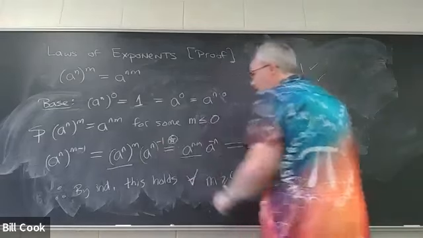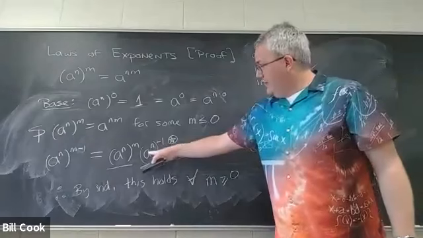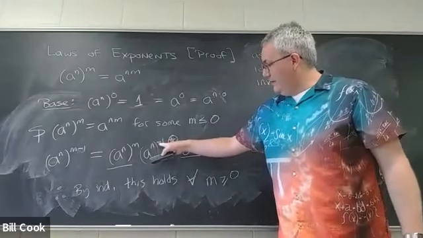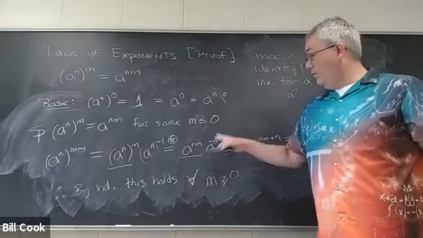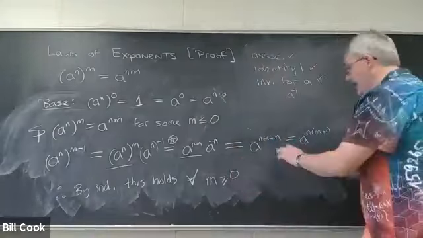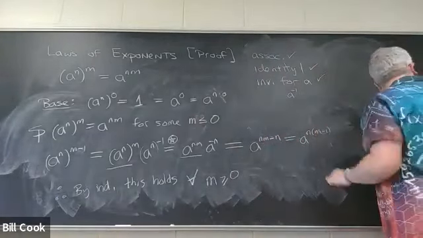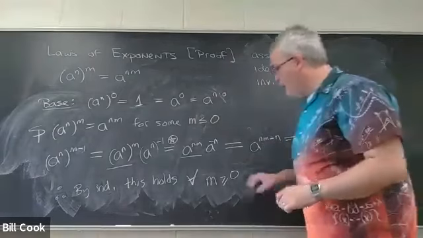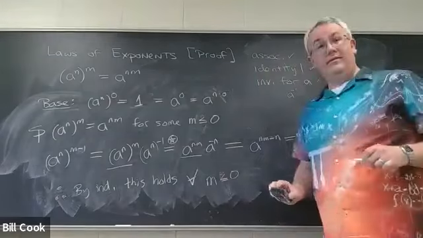There's something that I need to prove to get this. I need to show that a to the n inverse is a to the minus n power. So we'll prove that in just a moment. But if we have that, then we apply our law of exponents. We go down by 1, and now we have this holds for all m less than or equal to 0.